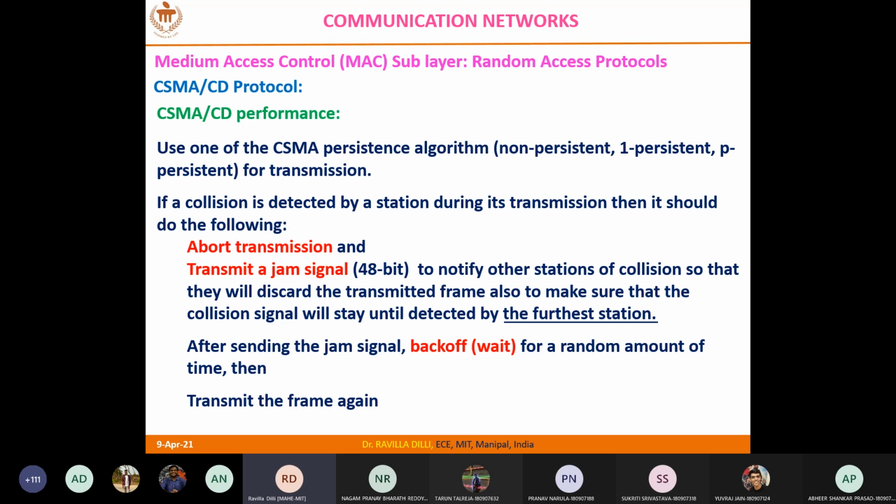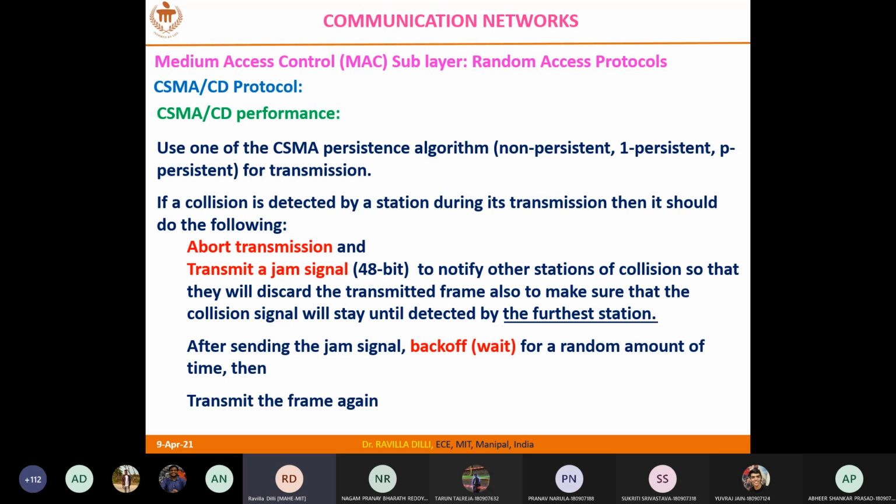And if you have a helping nature, you also send a jamming signal, which is a 48-bit special sequence. You transmit this sequence in the network so that other nodes come to know about it and understand that there is a collision. So they defer their transmissions, and that reduces the number of collisions. That is called the jamming signal.